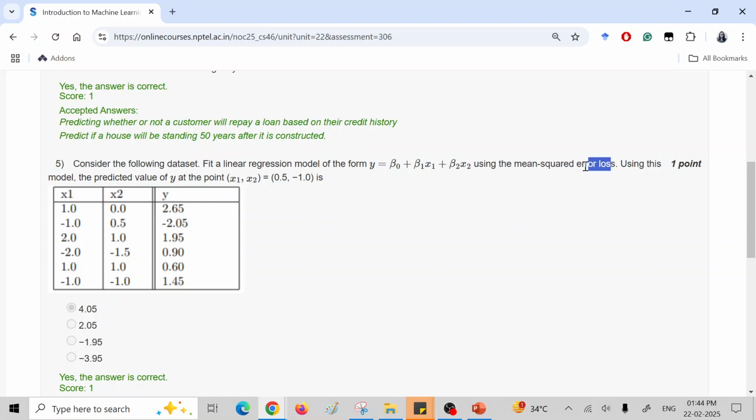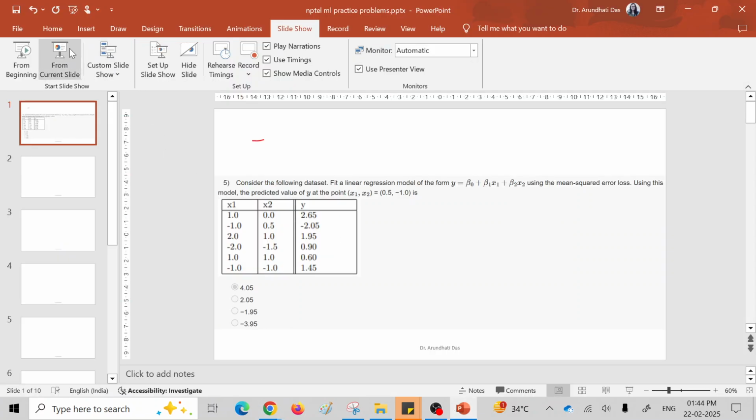Mean square error loss method is also known as the least square method. Using this model we need to find out the y value for this particular given data point. Okay, so let's begin.